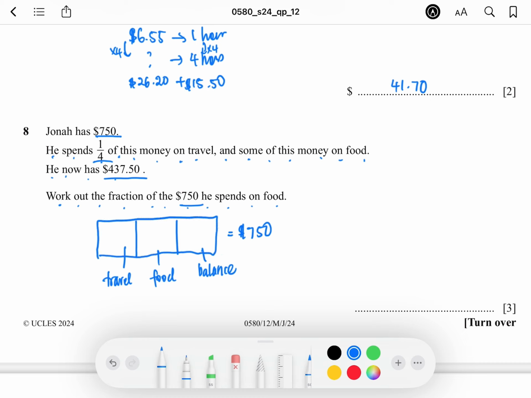Okay, itu gambarannya. Apa lagi yang perlu kita ni add sini? Ya mau arah food saja. Okay, so food what do I put arah food? Question mark lah. Okay. Lagi apa lagi? Travel berapa? 1/4. Apa lagi? Balance-nya.